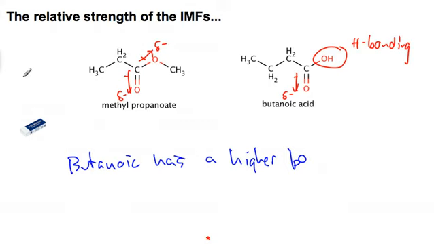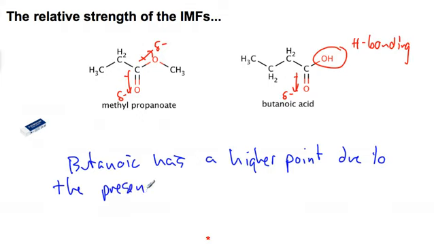Let's just get rid of that. It has a higher boiling point due to the presence of hydrogen bonding. And again, they both have the carbonyl group, so that will not cause the boiling points to be different between the two.